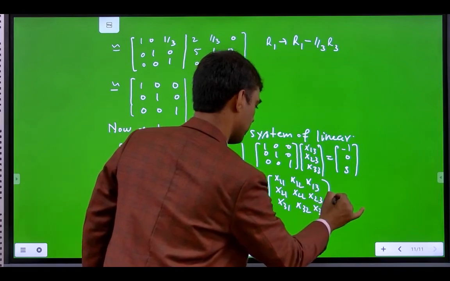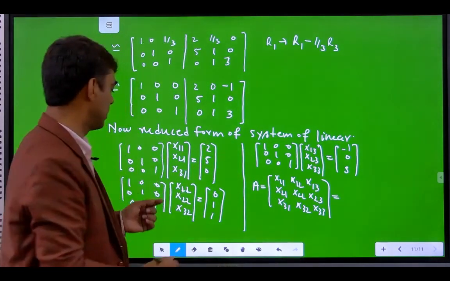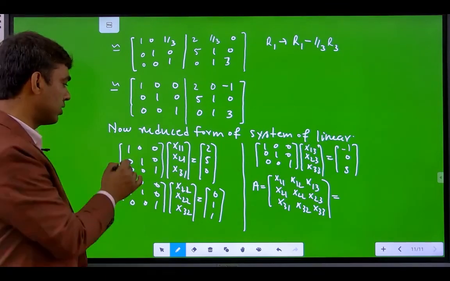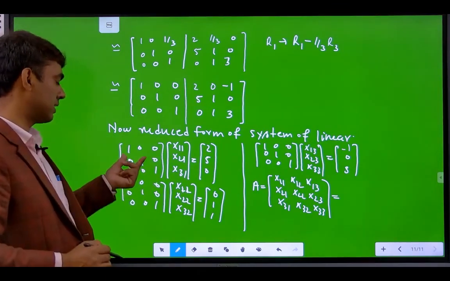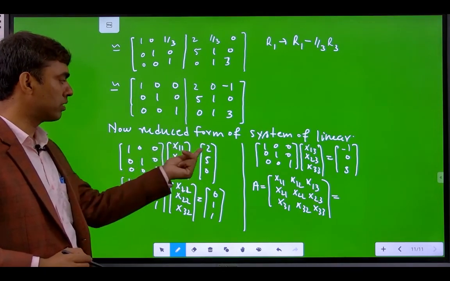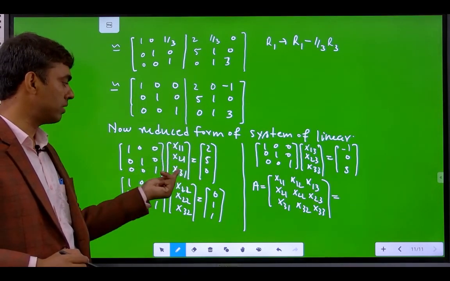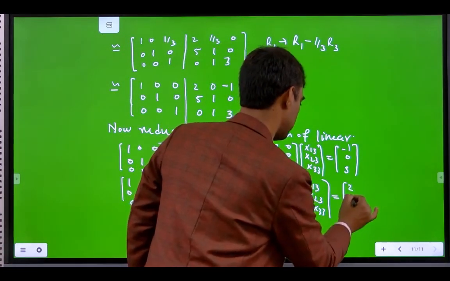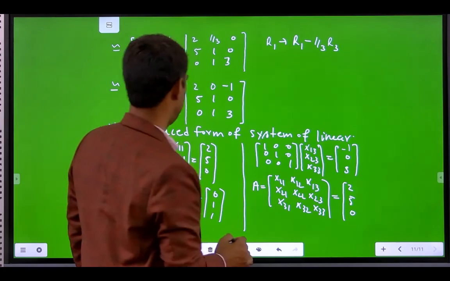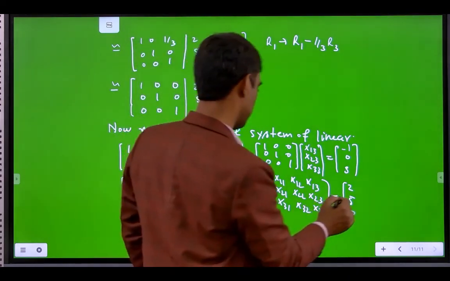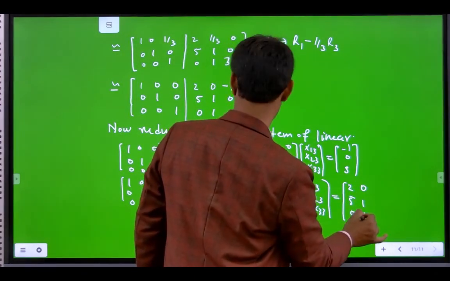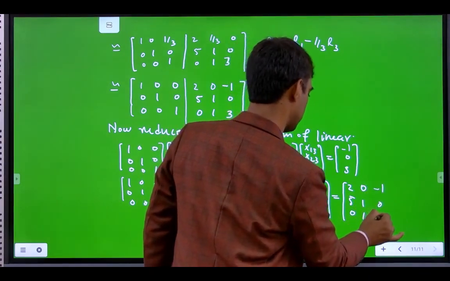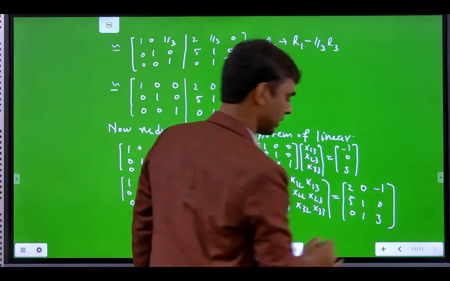If we observe the first system of linear equations in reduced form, meaning in diagonal form of matrix A, then directly we write x11 equals what? 2, x21 equals 5, x31 equals 0. So this one equals 2 5 0, and the second one is 0 1 1, and the third one is minus 1 0 3. So this one is A inverse.